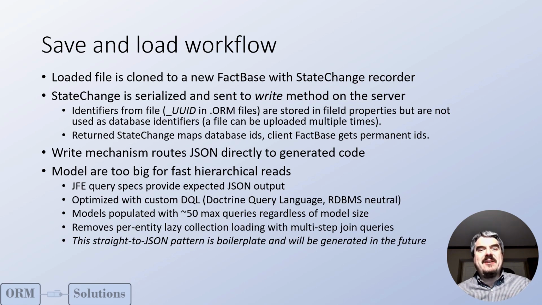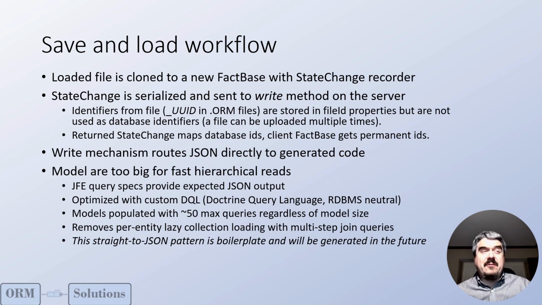At that point, all of the temporary local identifiers are obliterated from the system and replaced with the permanent identifiers. That means the undo redo stack, anything that you have in JFE, you can clear out all of those temporary identifiers.